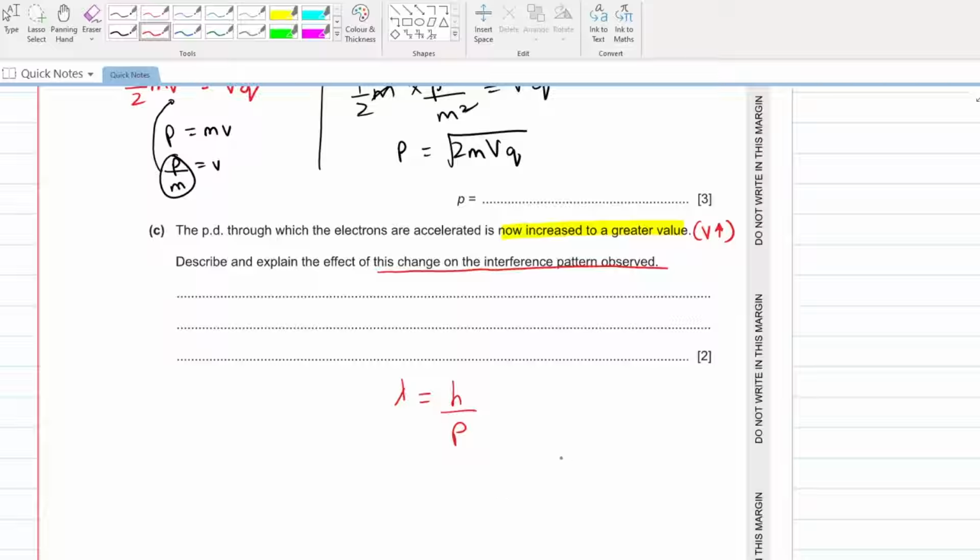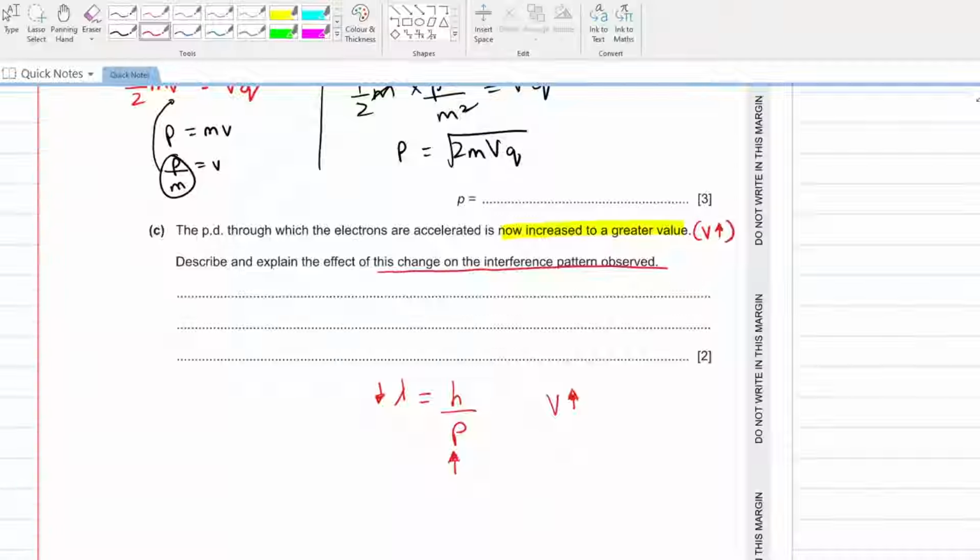If you increase the voltage, your momentum increases and your wavelength lambda decreases. If your wavelength decreases, what will happen? Your fringes will move closer together.